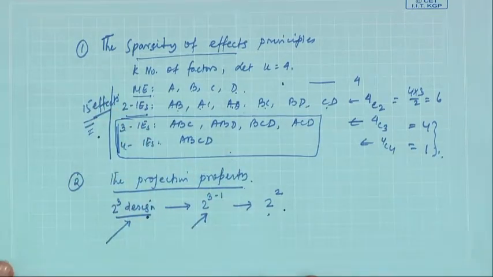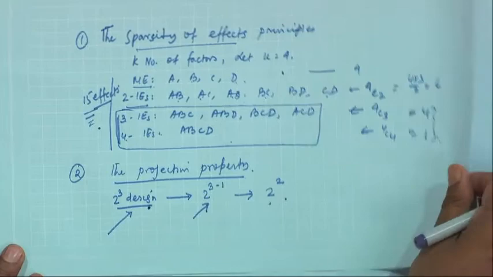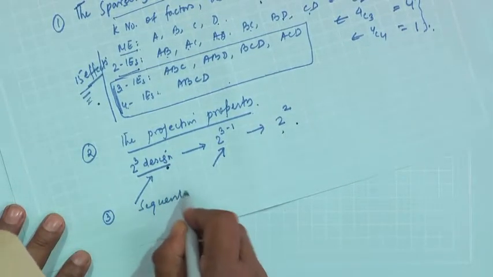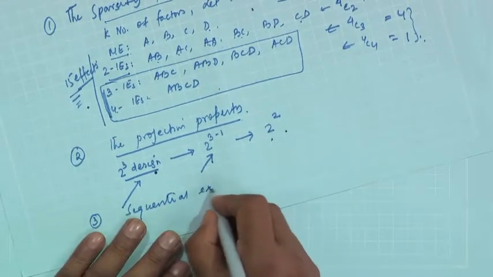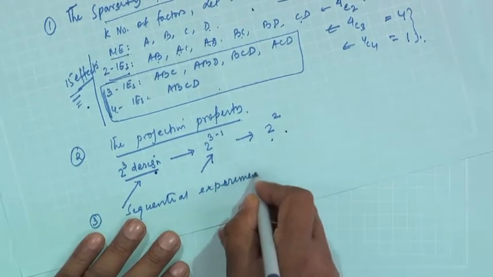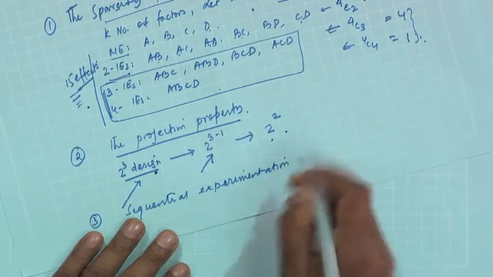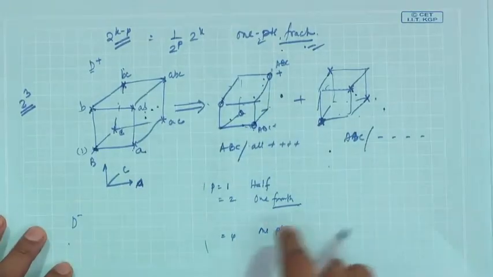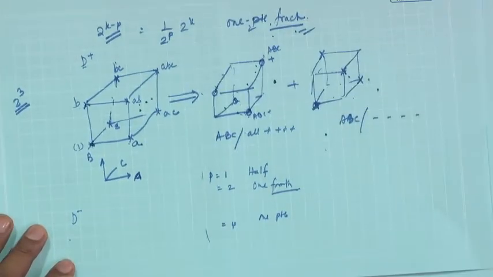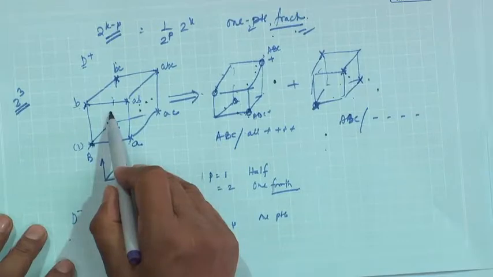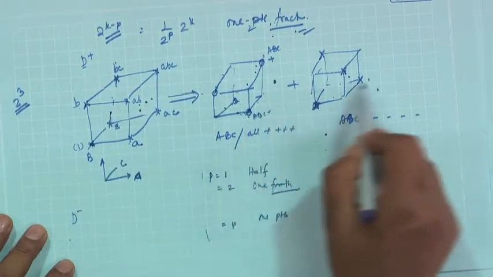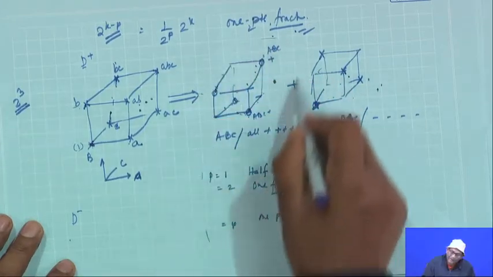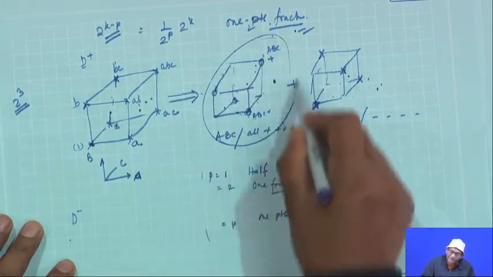And the third property is sequential experimentation. What does sequential experimentation mean? It means here this 2 to the power 3 design you split into 2 to the power 3 minus 1. Let us say you have done the experiment with the first half.